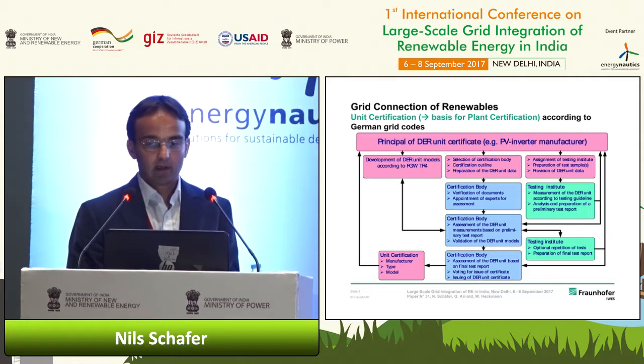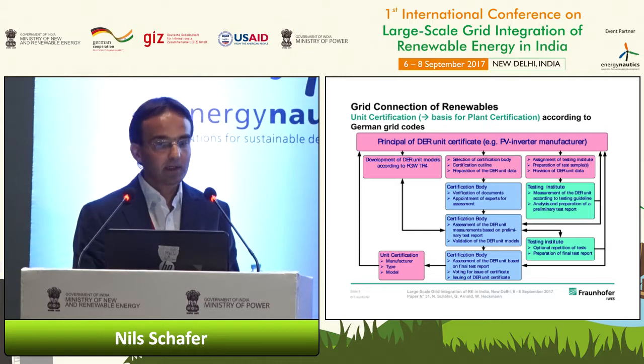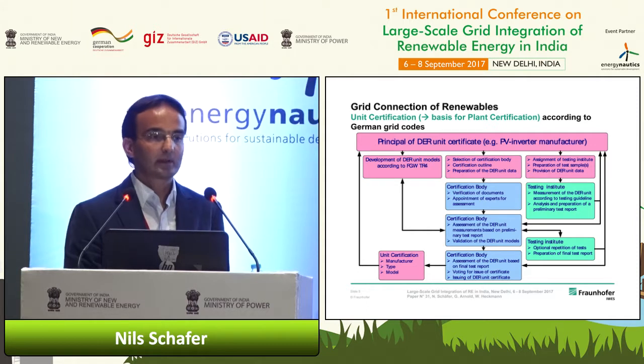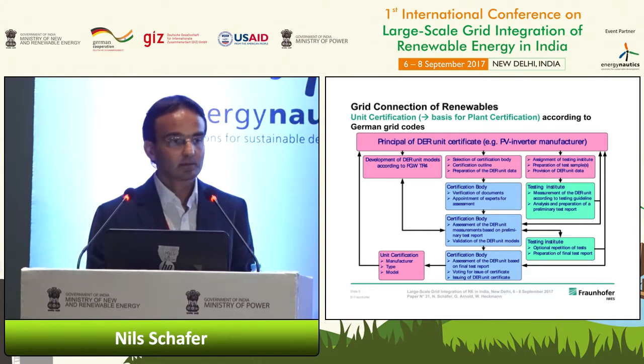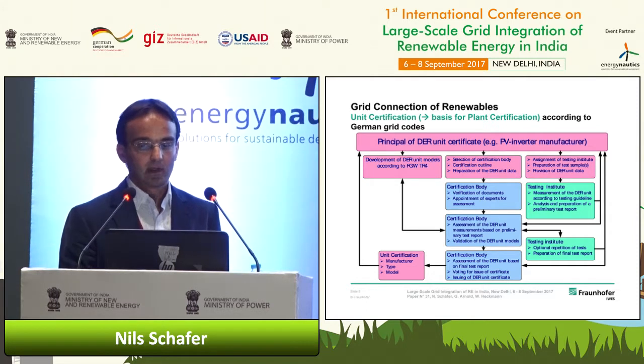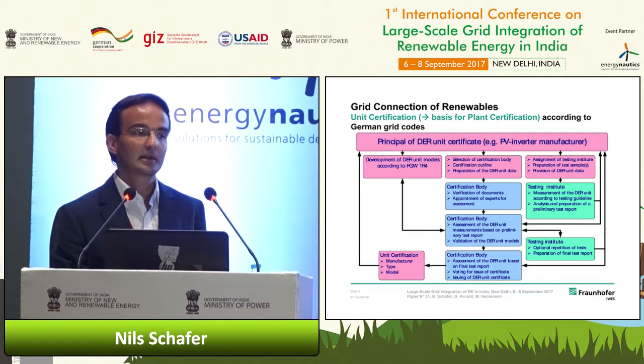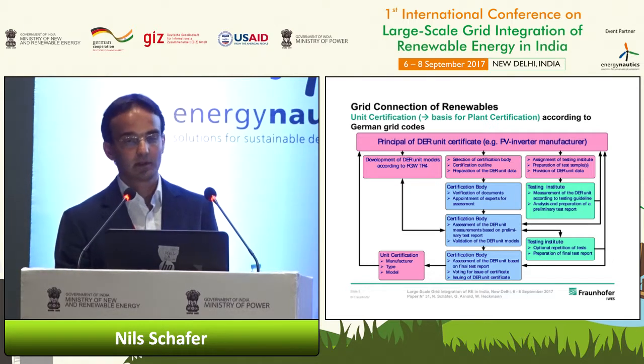So the manufacturer has to supply data to the certification body and also supply one unit to be type tested to the testing institute. Based on the measurement results, it is approved if the tested unit complies with the grid code or not.